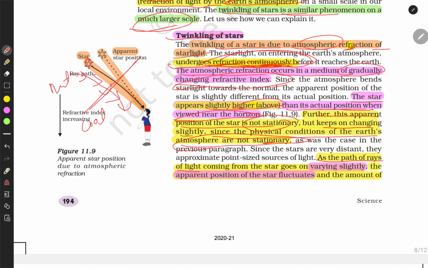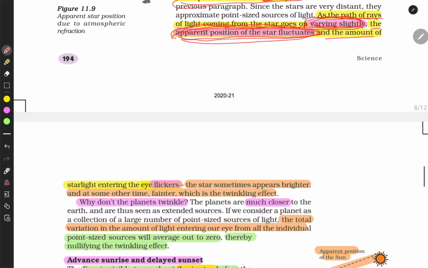The path of the rays of light coming from the star goes on varying slightly. The apparent position of the star fluctuates, and the amount of light entering the eye also flickers.